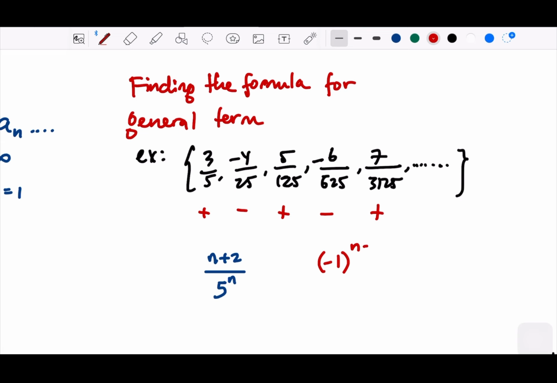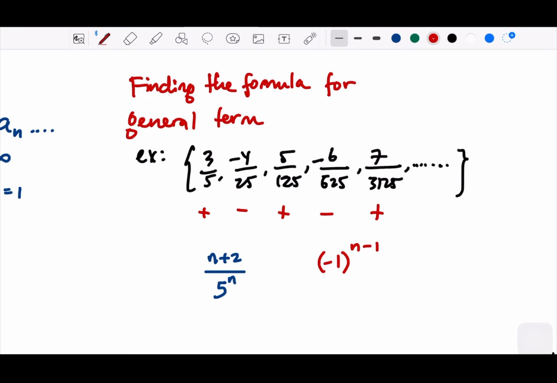Let's maybe minus 1, because it will be with power of 0, which is positive. Why is it n plus 2? To make it 3, 4, 5. n equal 1 plus 2 is 3, 2 plus 2 is 4, 3 plus 2 is 5, right?